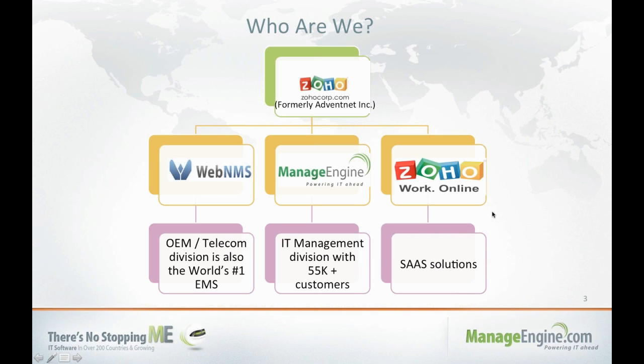And the SaaS solutions, all your cloud-based products like your Zoho Writer, Docs, and all of that come under Zoho. And Zoho CRM, yes, as you all know, is very popular in the market. And that is basically a heads up on who we are.